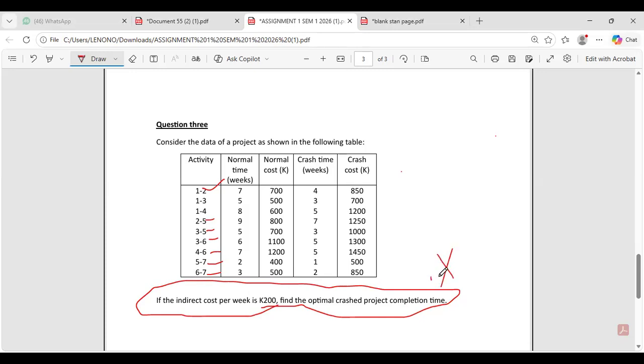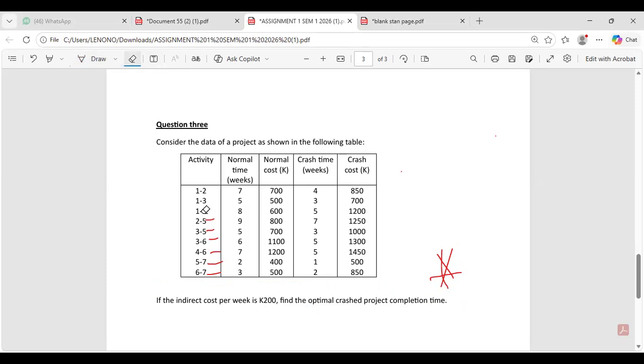All right, so there is first the aspect of drawing the network diagram using the information given. So we have this kind of arrangement.